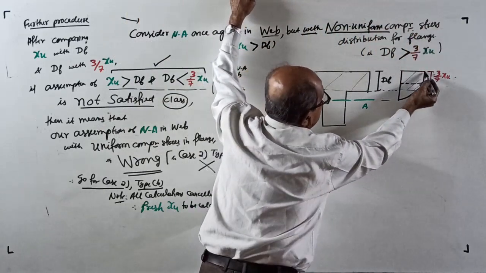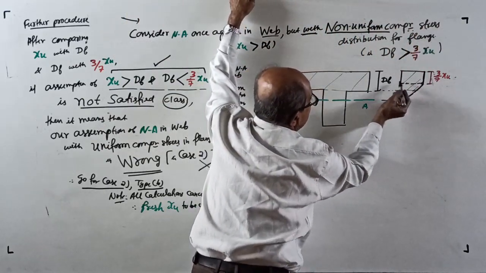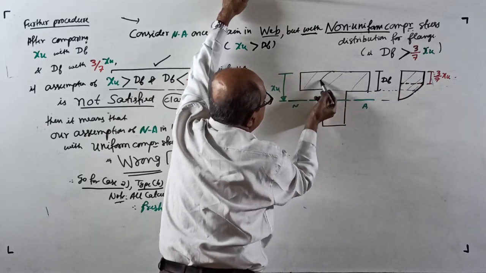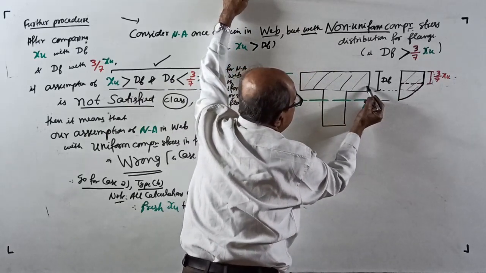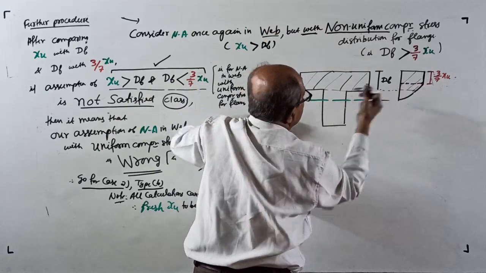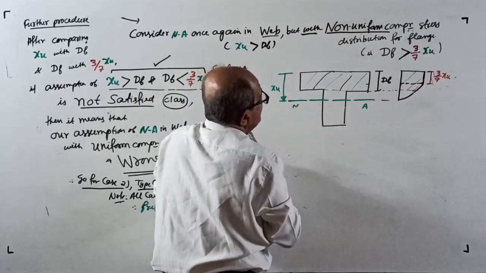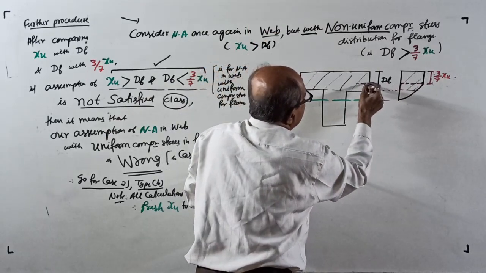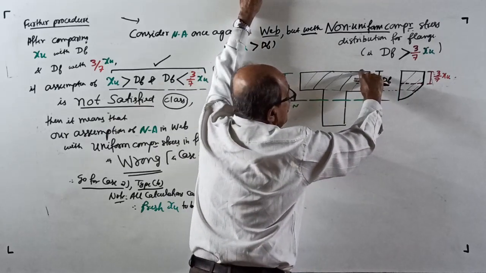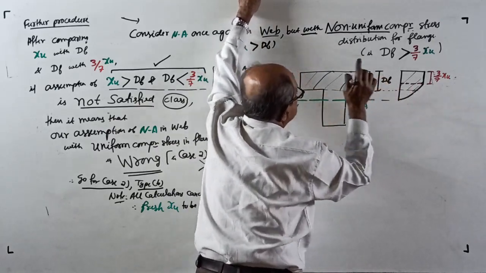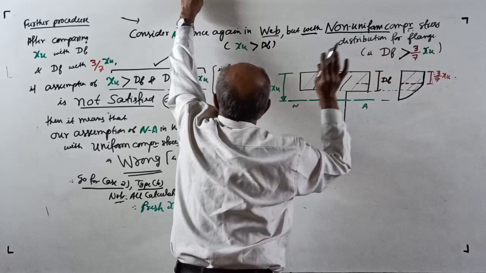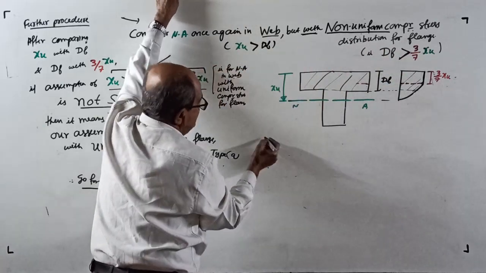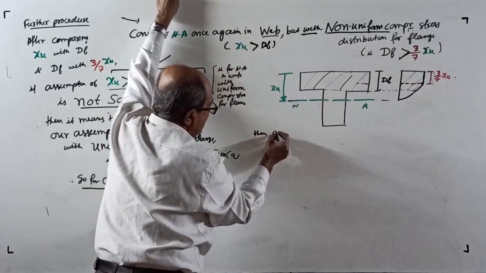It will come up to here, then turn. The red junction will come somewhere here. So, this much uniform, remaining non-uniform. So, these are the assumptions. Then, again find xu.